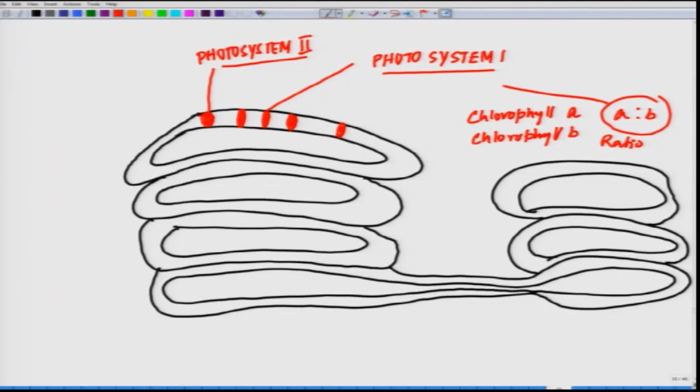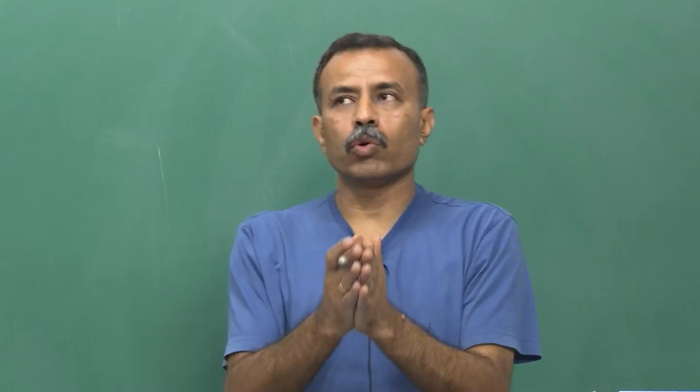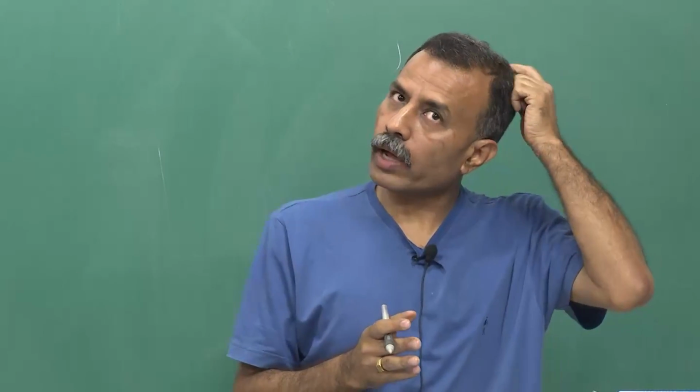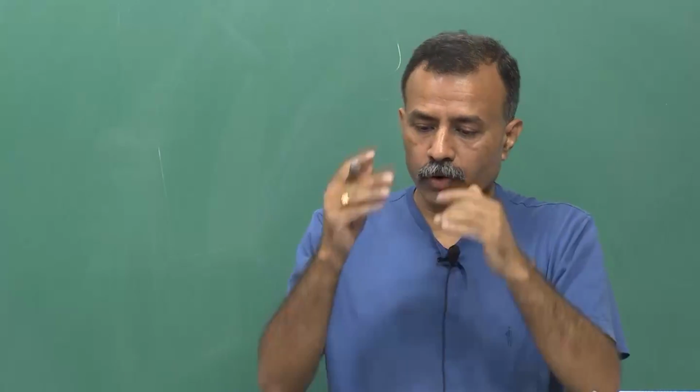So, these have different ratios of A's and B's which are making these photosystems, and these two photosystems are physically at different coordinates.